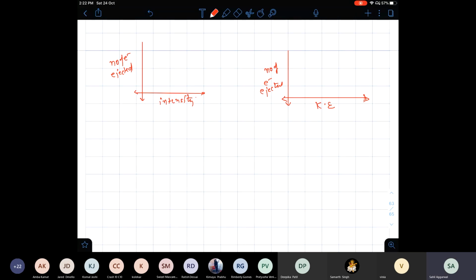Intensity of light is directly proportional to the number of electrons ejected. So in this a straight line will come.